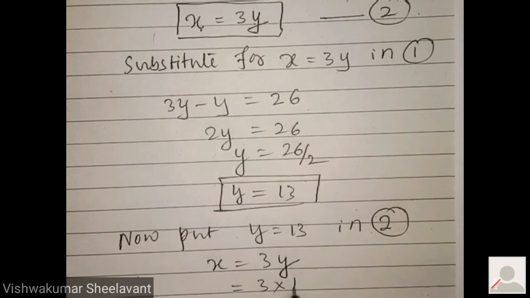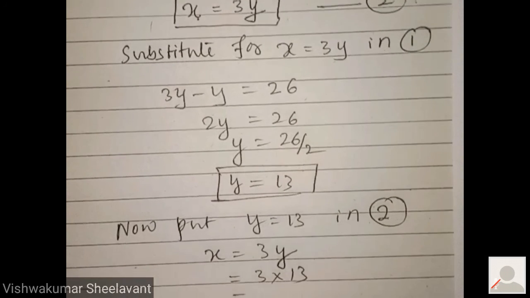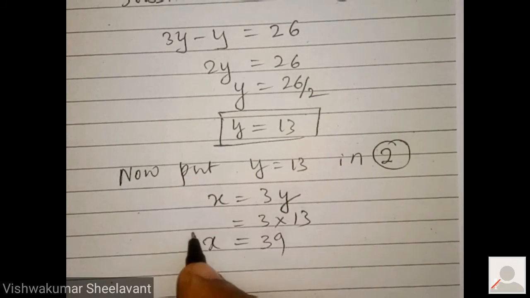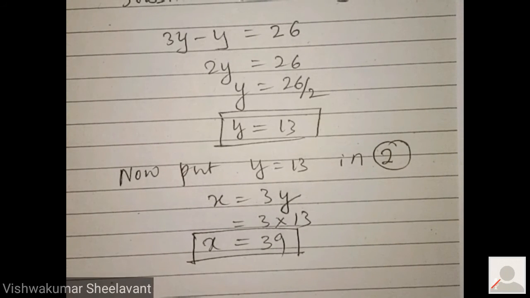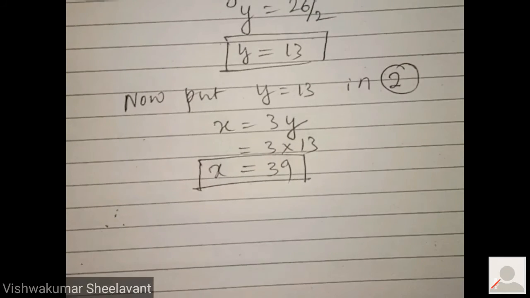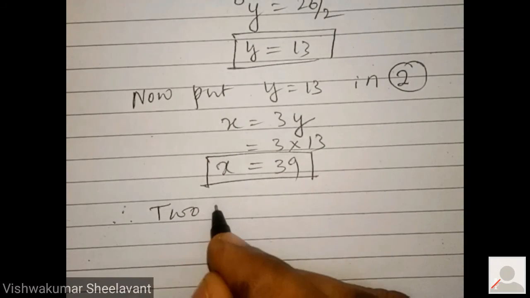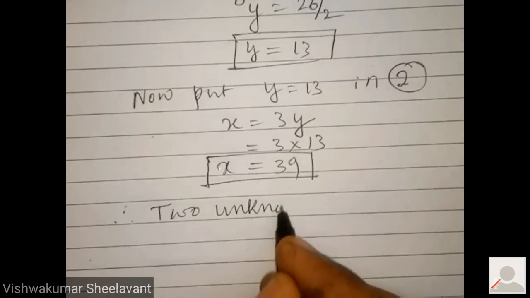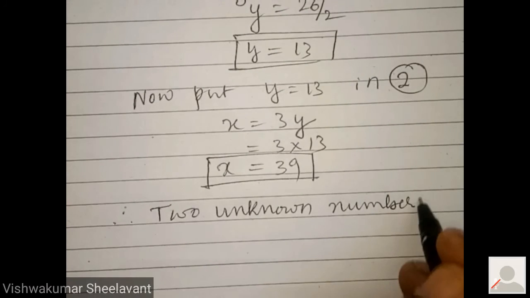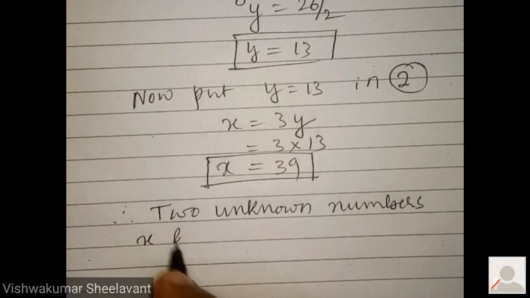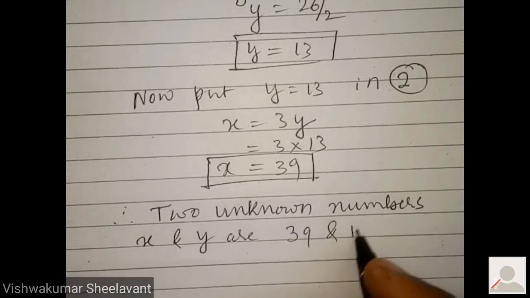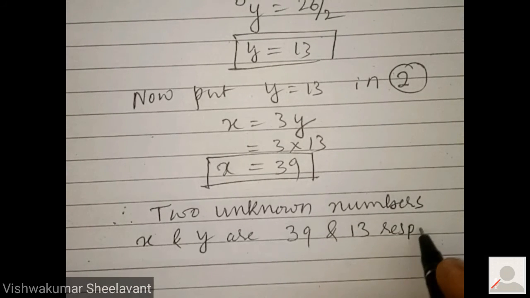So 3 into 13, you get x equal to 39. Therefore, two unknown numbers are 39 and 13 respectively.